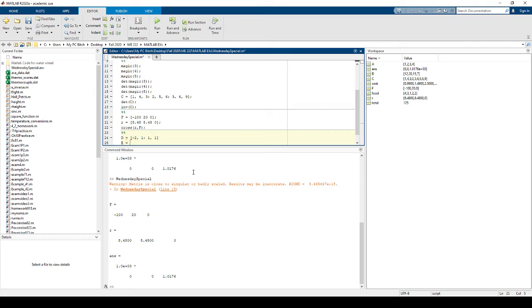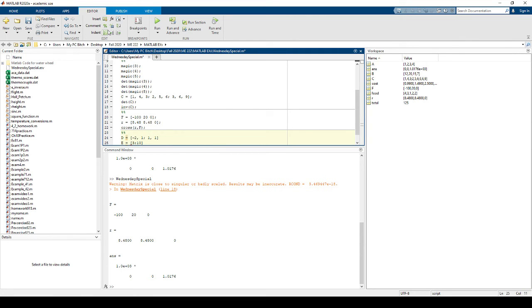Then E is equal to another one, which is 3. But remember, this one has to go down immediately. It's a column matrix. So 3 and 10, right?